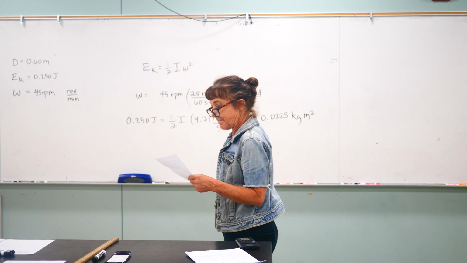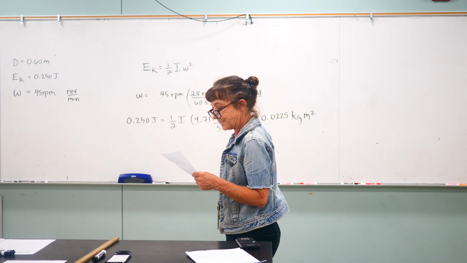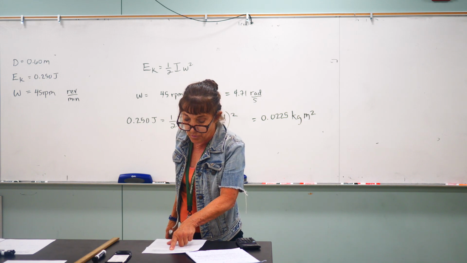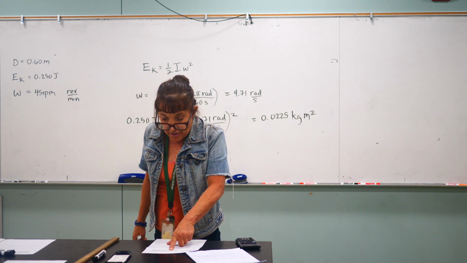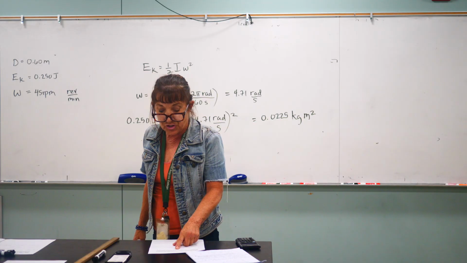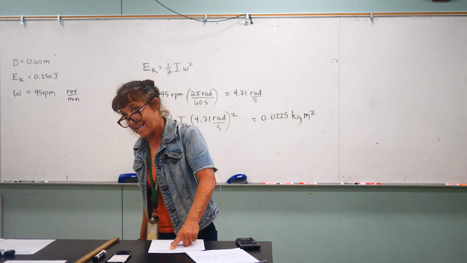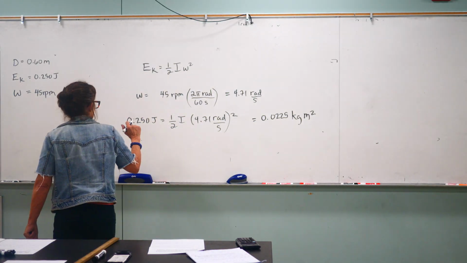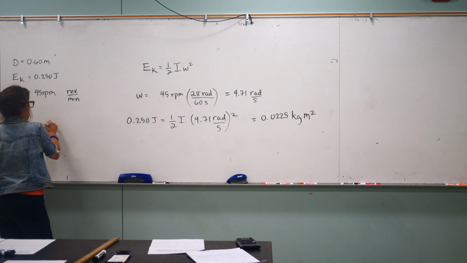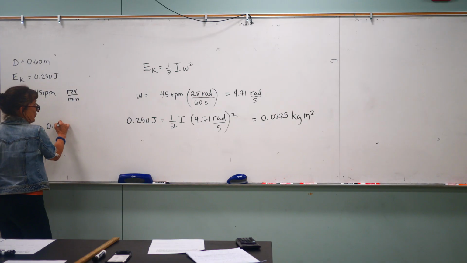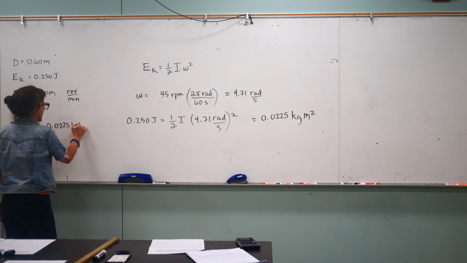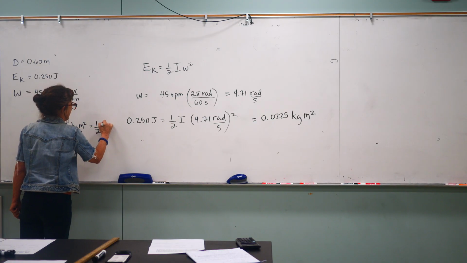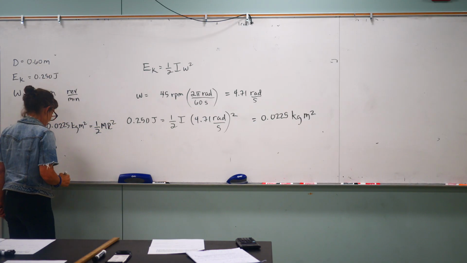Now we have what must be its mass. It says if your workshop makes this turntable in the shape of a uniform solid disk, and we just did the moment of inertia for that. So what must be its mass? So 0.0225 kilograms meter squared equals 1/2 m R squared.